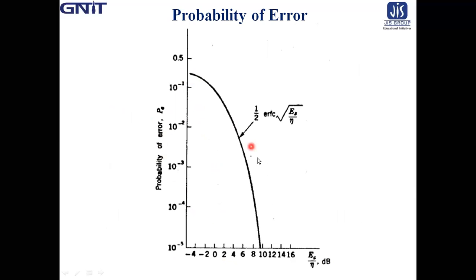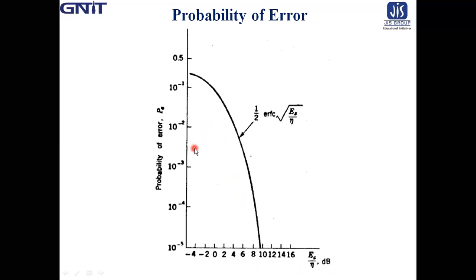Now, what is the significance of this curve? It is monotonically decreasing with Es by eta in dB, say. Note that probability of error decreases rapidly as Es by eta increases, and the maximum value of PE is half.